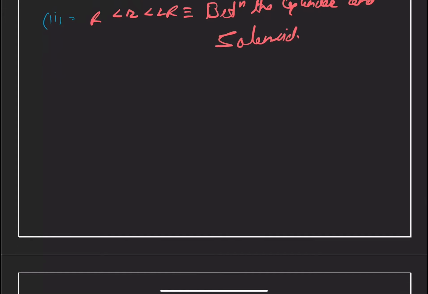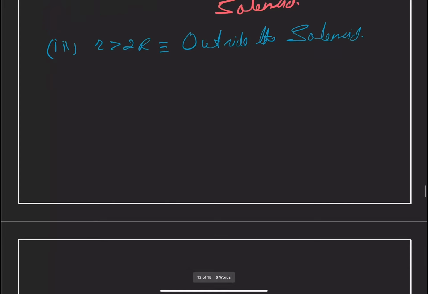And the third one is when r is greater than 2R, and this is outside the solenoid.